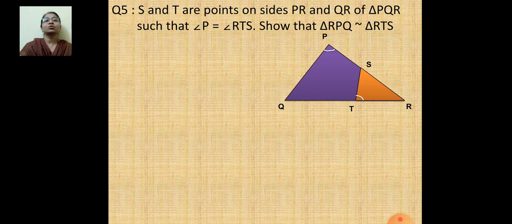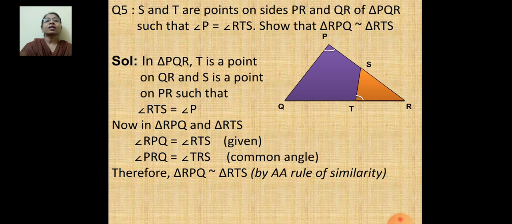So let us see how to write this. So in triangle PQR, T is a point on QR, S is a point on PR such that angle RTS is equal to angle P. Okay, now consider the same pair of triangles here. Do not change the order of vertices, okay, as it is, because they are given in proper 1:1 correspondence.